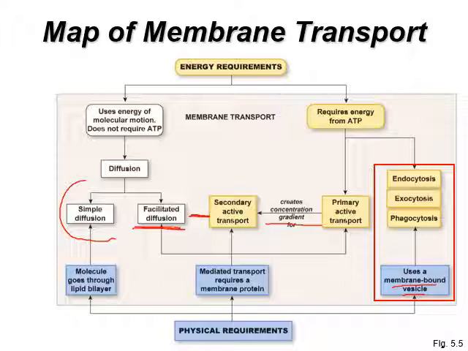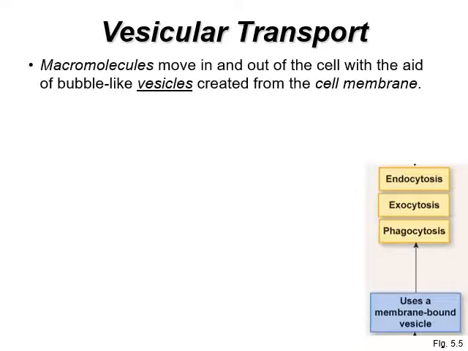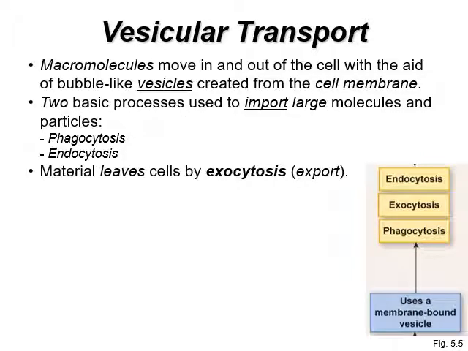And those are going to be endocytosis. You can think endo, in. Exocytosis, we're going to exit, so move stuff out. And then a special form, phagocytosis, is going to move larger things in. So as I already said, moving larger stuff in, importing stuff, is endocytosis or phagocytosis.